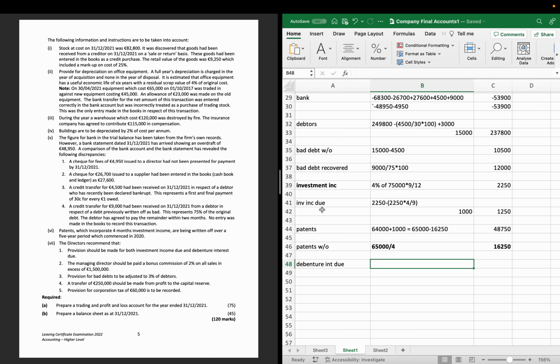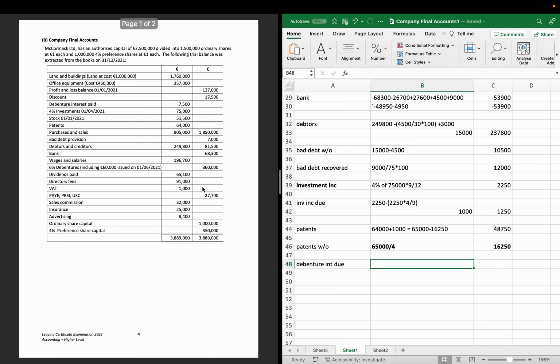So if we go and look at our debentures, they're 6%. So 6% of 300,000. So you got an increase of 60,000. So for the first 5 months of the year, you only had 300,000. And then 6% of 360 for the remaining 7 months of the year.